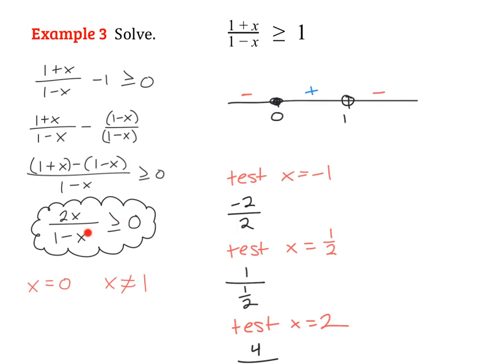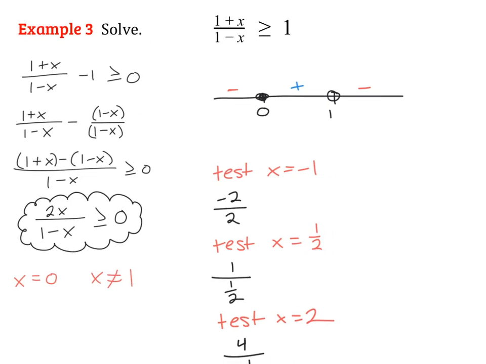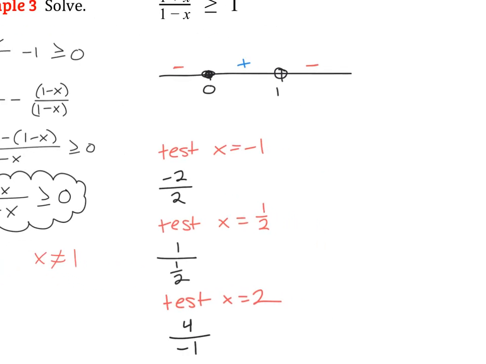So let's see what they're asking us to find. They want to know when our inequality is greater than or equal to 0, so positive. So we see that our answer will be everything between here. So it will be bracket 0 to 1 and with a parenthesis at 1 because 1, remember, was a restriction, so we can't include it in our final answer.